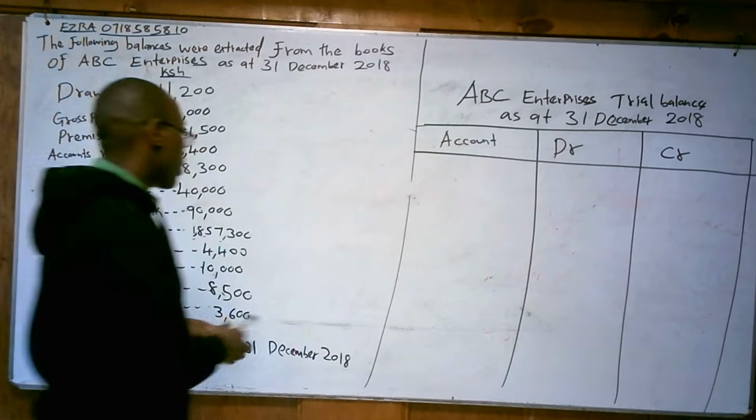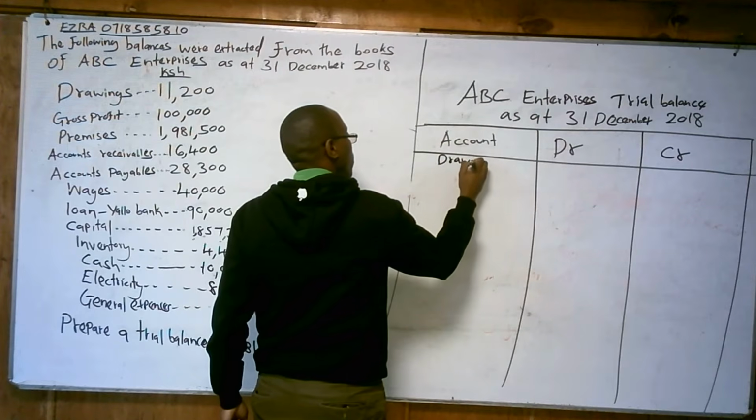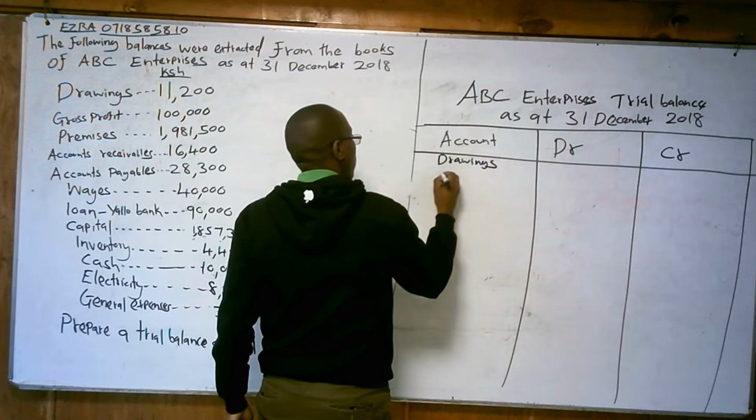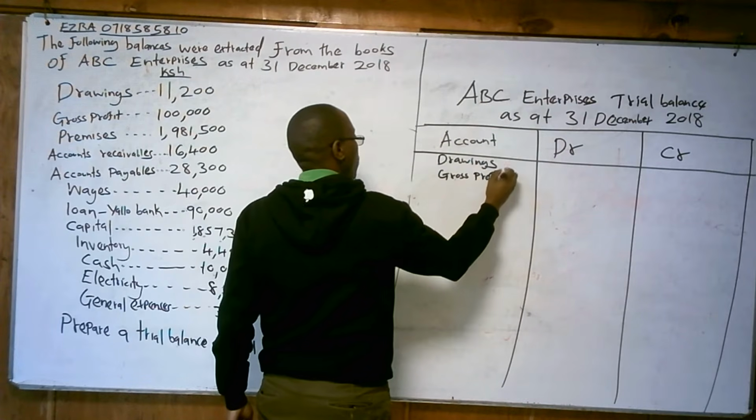For example, you can see we have been given the drawings. You have that gross profit.